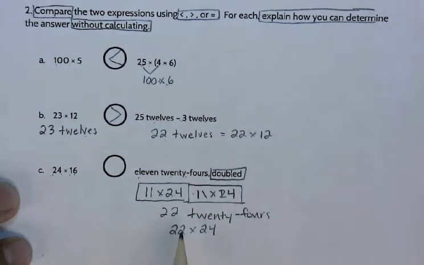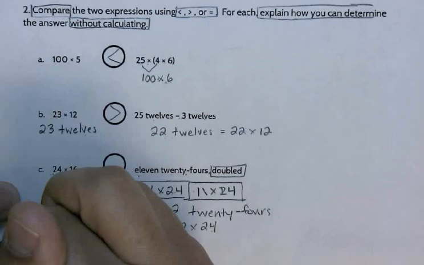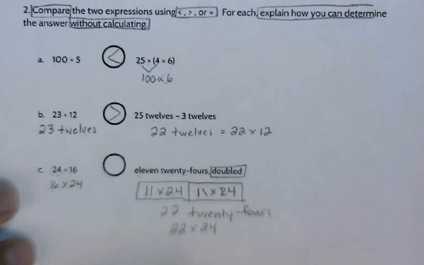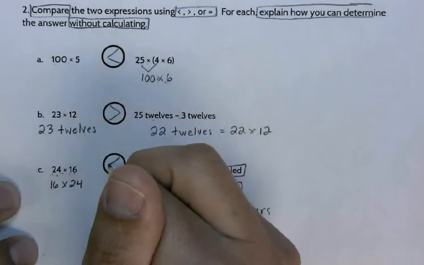So looking at this problem, compare it with this problem, which one will give you the bigger value? I've got 24 times 16, or we can also write it as 16 times 24. It'll give us the same answer. And 22 times 24, so the one on the right would give you a bigger value. All right, so that's number 2.